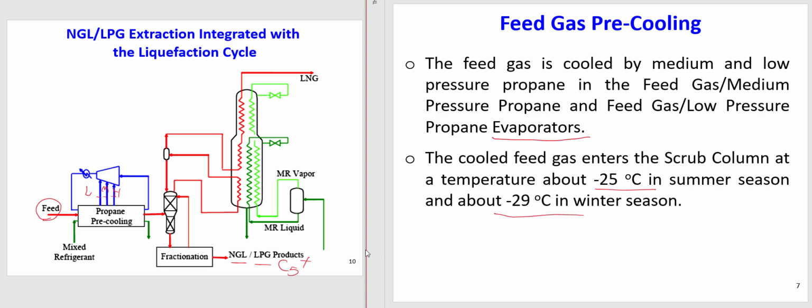This flow diagram is taken from a specific LNG unit that unfortunately I don't know the name of, but I can search and add this information later. But the majority of LNG units follow the same configuration, the same design, and these temperatures are almost the same in many LNG plants in many countries.